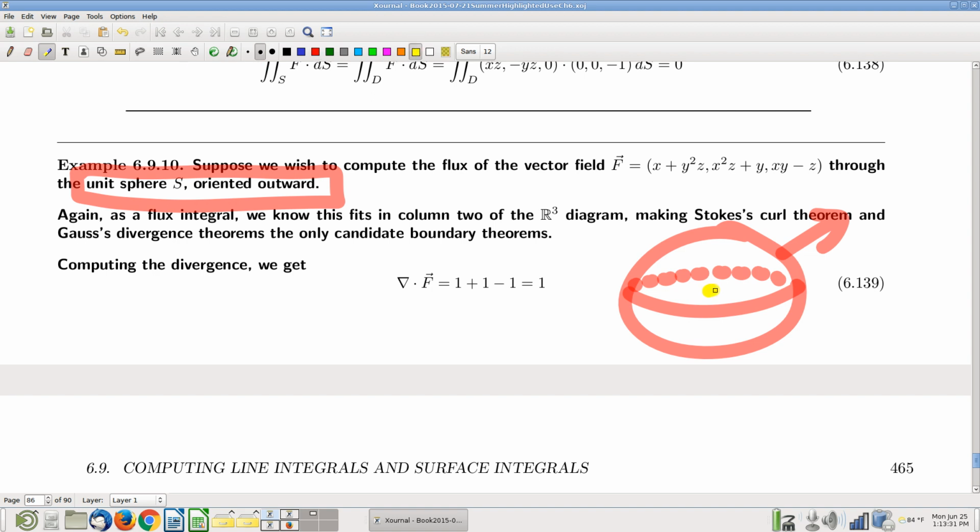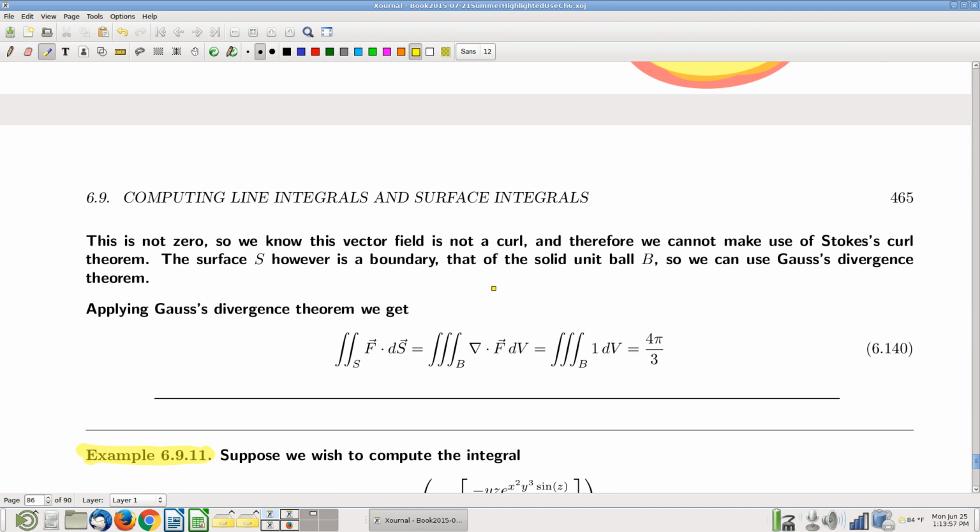That is a boundary. It's the boundary of that ball. So instead of the flux, I can compute a triple integral over the solid of the divergence. I've already computed the divergence. Divergence is 1. I'm looking at a triple integral of 1 over a barnyard variety geometric solid. Easy integral. There you go. Everybody happy?